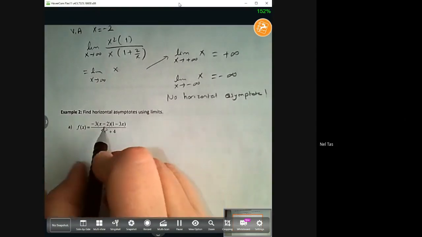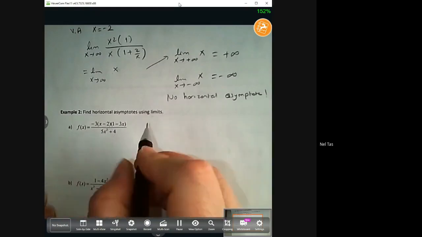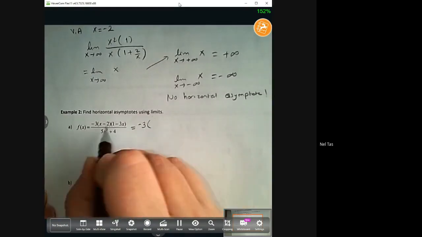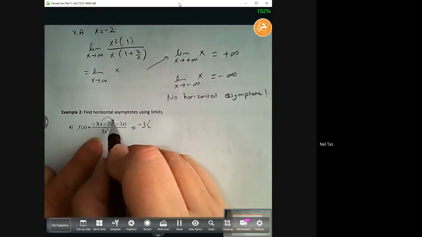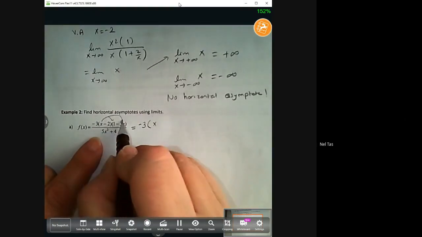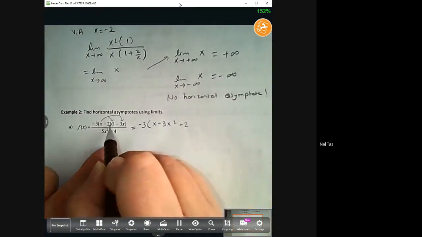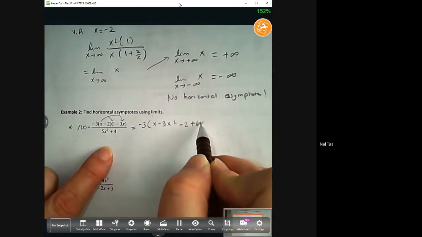We are going to expand this whole numerator. So this gives you a -3. Expand this, you get x minus 3x squared minus 2 plus 6x.